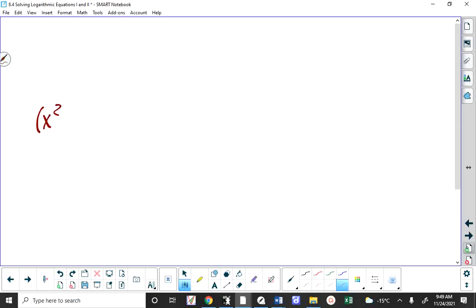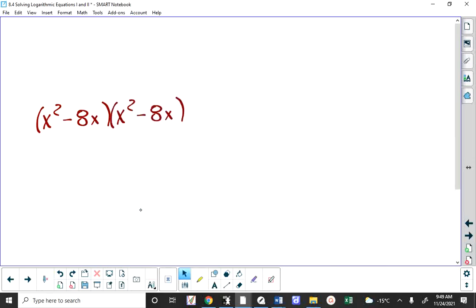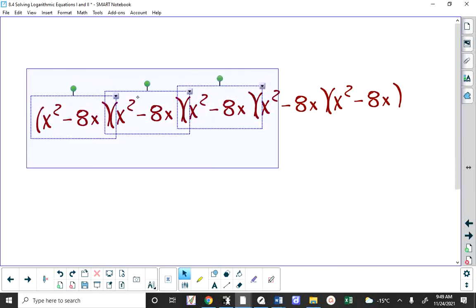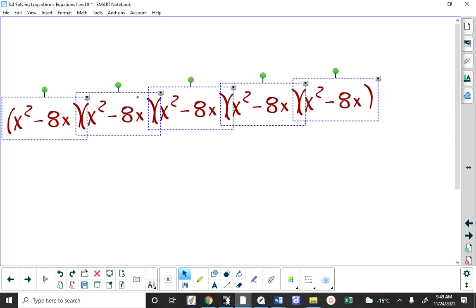You would have to take this thing and multiply it by itself 5 times, which would give you a degree 10 polynomial expression. Now, Liam, have you calculated what 3 to the 10 is? 59,049.